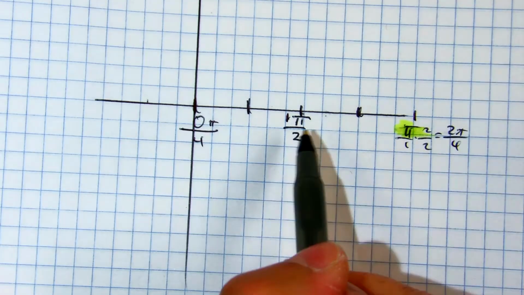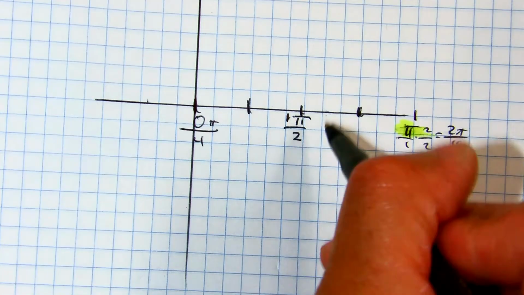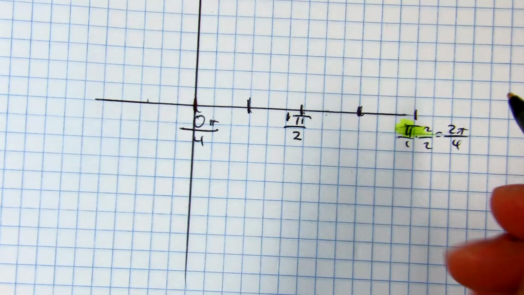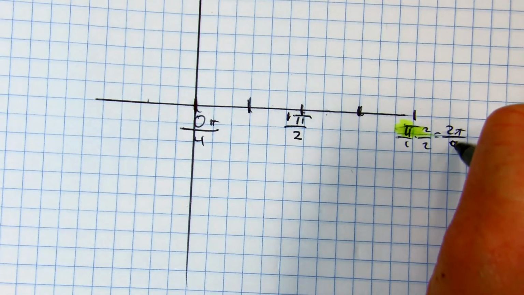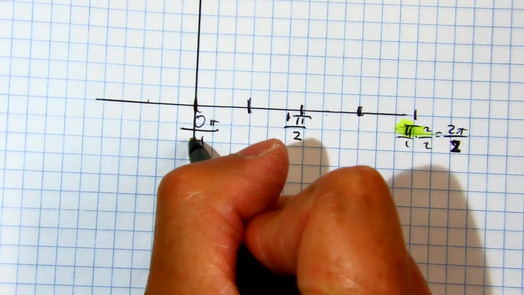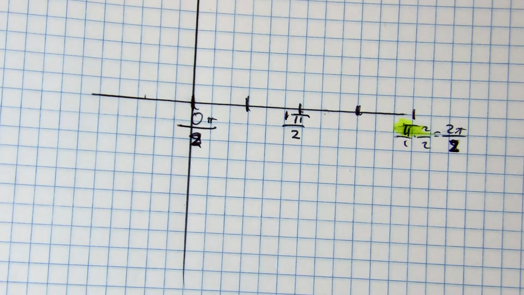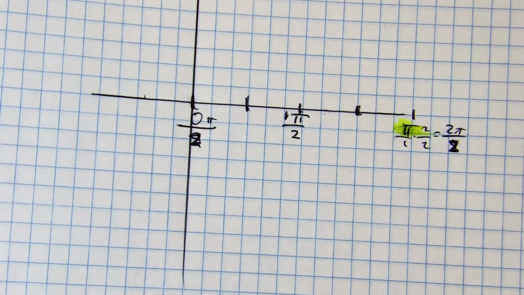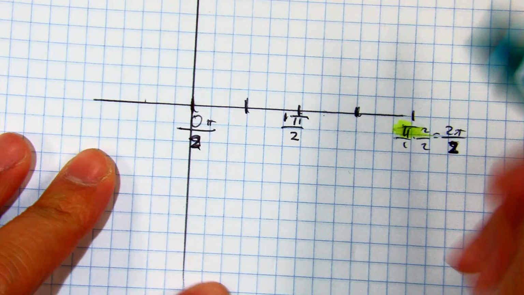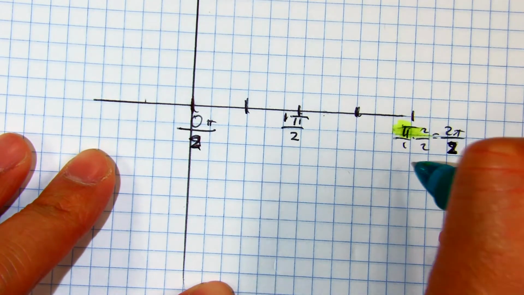Class, this one will become what? No, what did I do? 2 pi over 2. Try that again. These are 2's. I was thinking ahead. And we're going to have to double those, yeah? So class, if I double these, what do I get? 4 pi over 4.